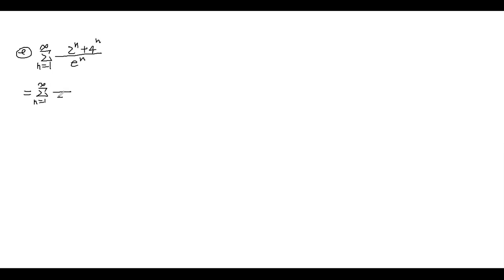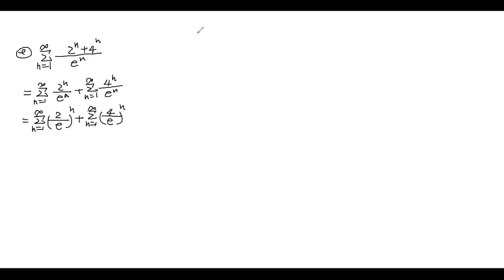I can change this to the summation n from 1 to infinity of (e/2)^n plus the summation n from 1 to infinity of (e/4)^n. Then I can do a little bit here. So this is the summation from n equals 1 to infinity of 2 over e^n, plus the summation n from 1 to infinity of 4 times e^n.